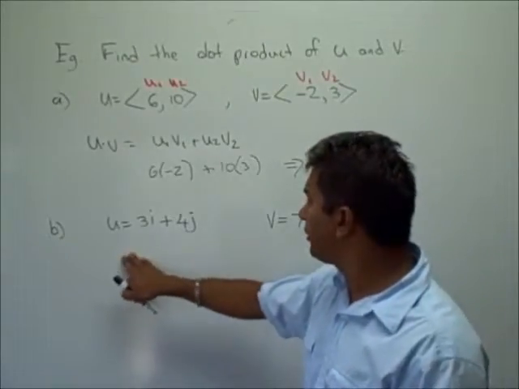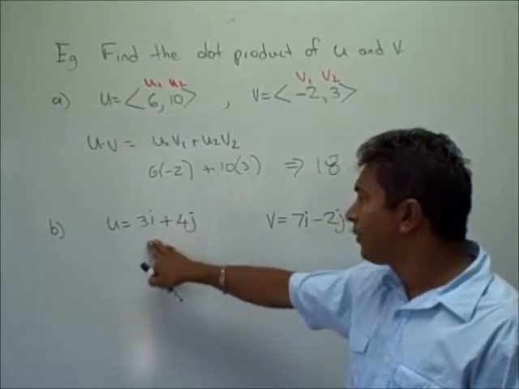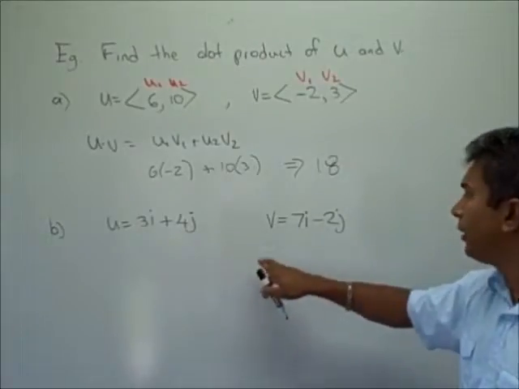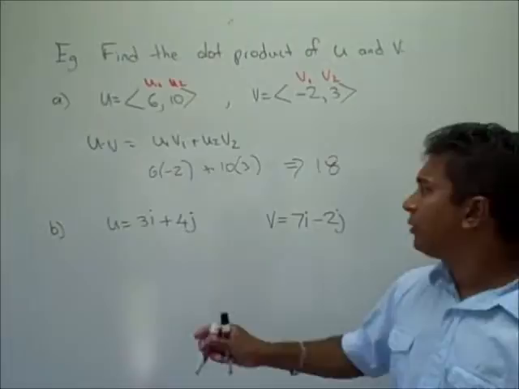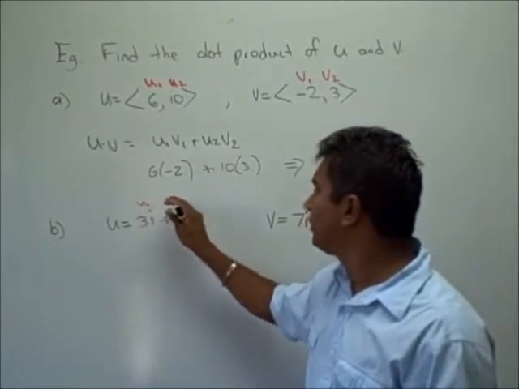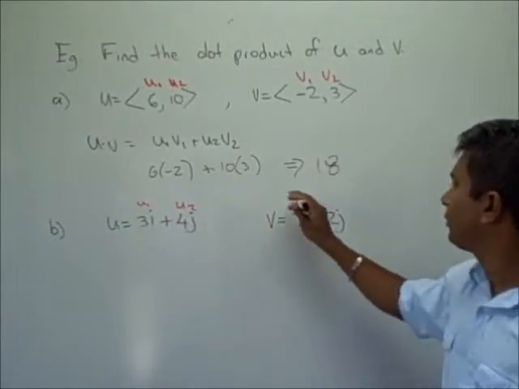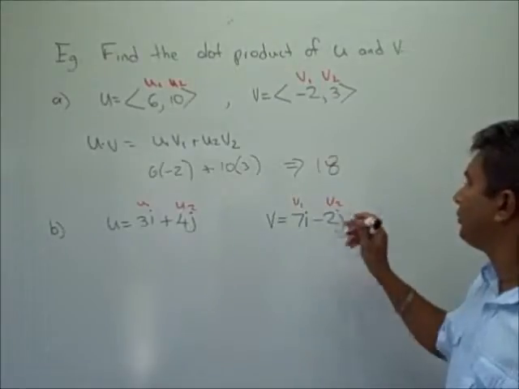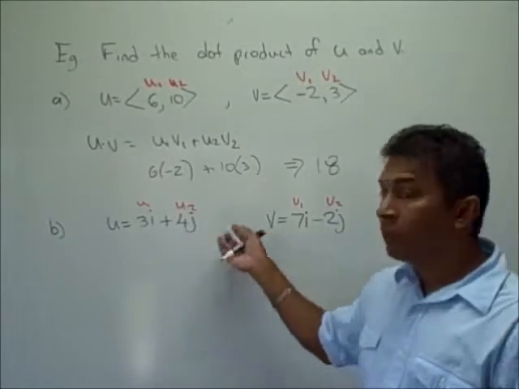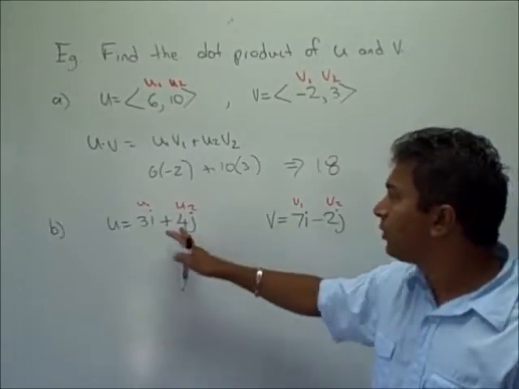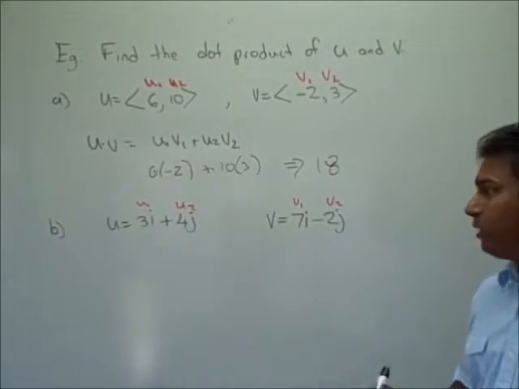Now we're told in this example that u is equal to 3i plus 4j, and that v is equal to 7i minus 2j. So once again, this is our u1, u2, and this is our v1, v2. It's just written as a linear combination of our unit vectors, but still our u1, u2 and our v1, v2.